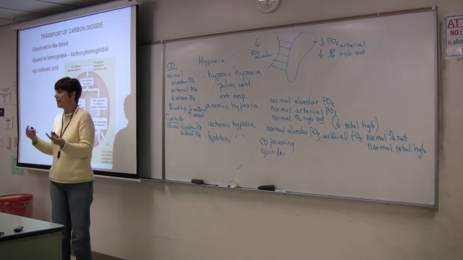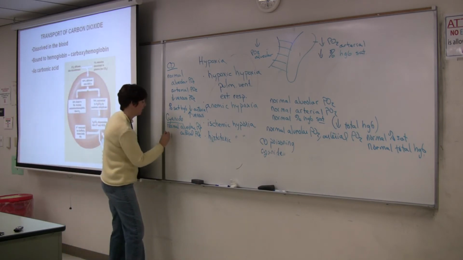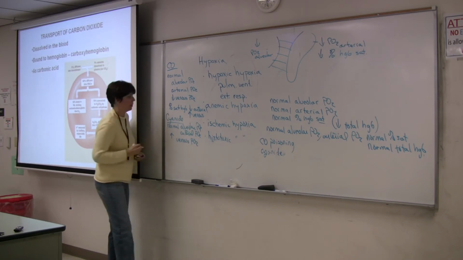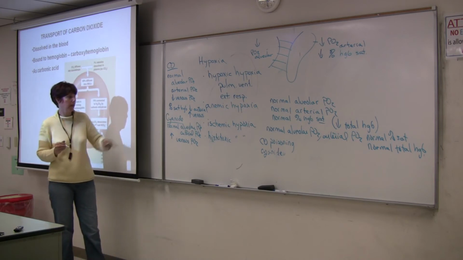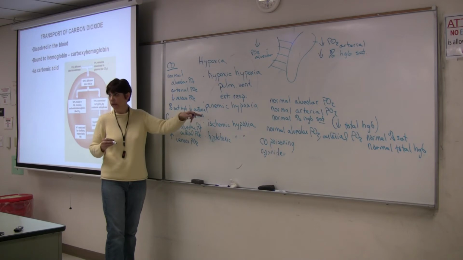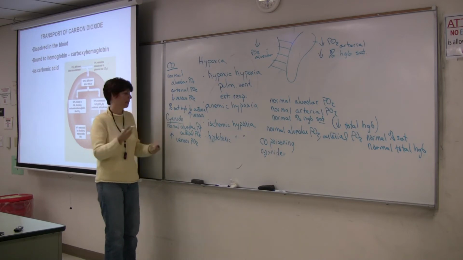So the oxygen stays in the blood. Percent saturation of hemoglobin would be normal in arterial and elevated in venous for the same reason.